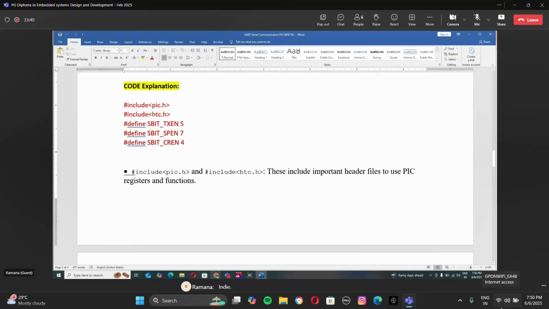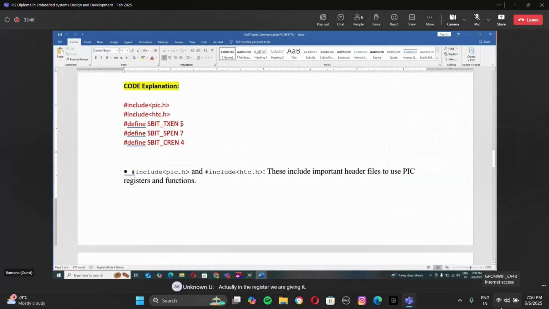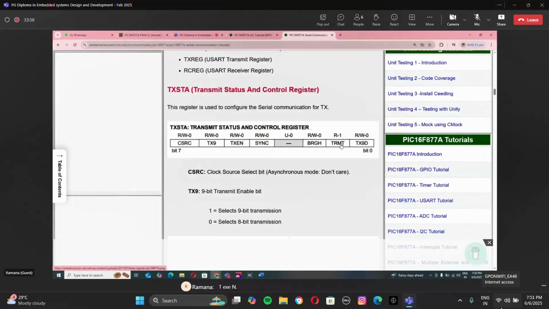Actually, in the register, we are giving it 1. This is the fifth bit, the seventh, the fourth, the third and first. TXEN: zero bit, 1 bit, 2, 3, 4, and fifth.